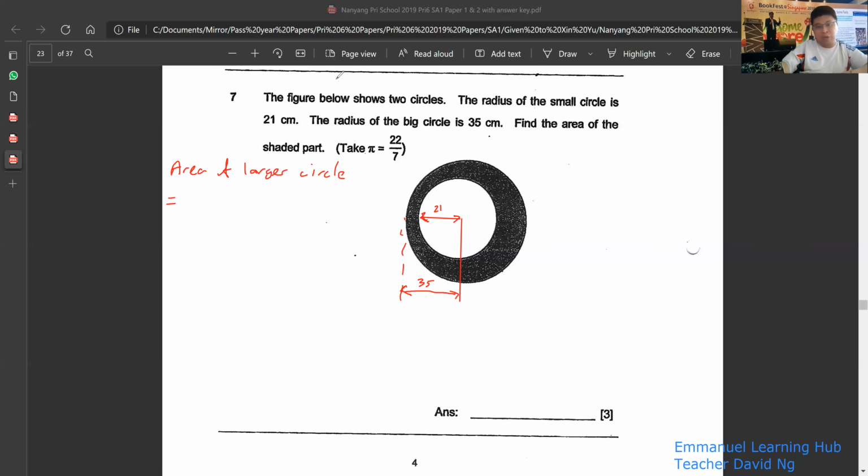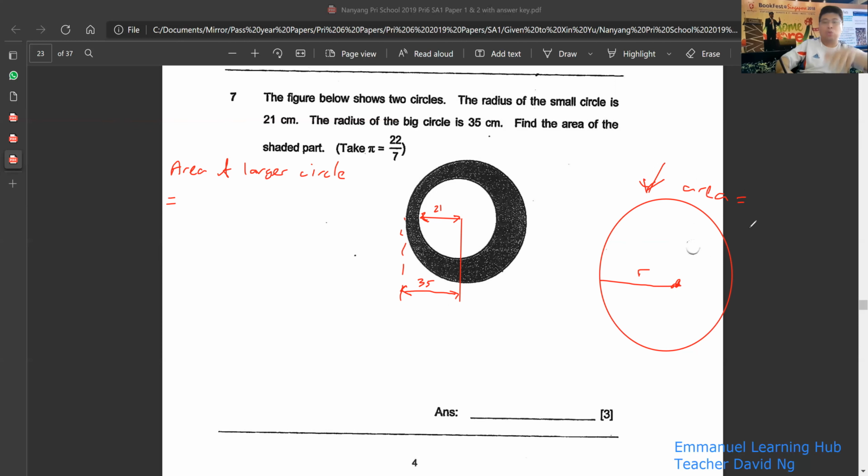You know how to find area of circle, right? Okay, let's say R is given. Area of this circle, how to find area of this circle? 3.14 times 35 times 35.